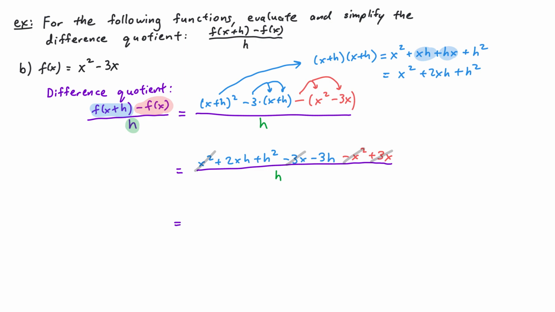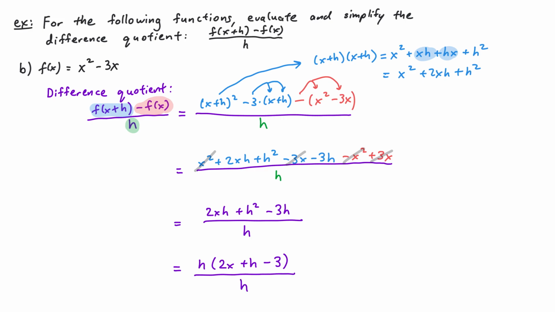So what we have left here is 2xh plus h squared minus 3h in the numerator and just h in the denominator. One thing you might notice is that each term in the numerator has a factor of h in it. So we can factor that h out to get h times 2x plus h minus 3 in the numerator and h in the denominator.